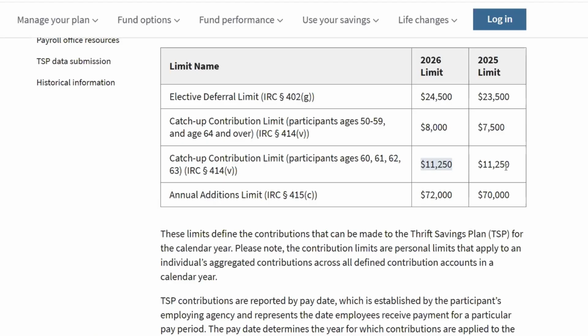Divide that by 26, and we get a per pay period amount of $1,375. That means an employee can contribute $1,375 per pay period into the TSP. Again, that is the combined amount for traditional and Roth. All of these amounts that we're giving you on a per pay period basis is for the combined traditional and Roth contribution amount. Okay, so very key here.